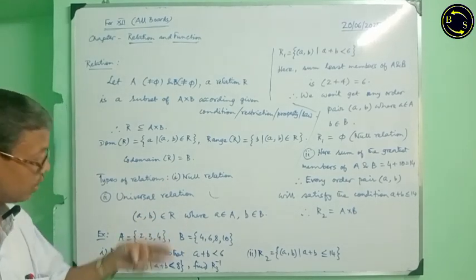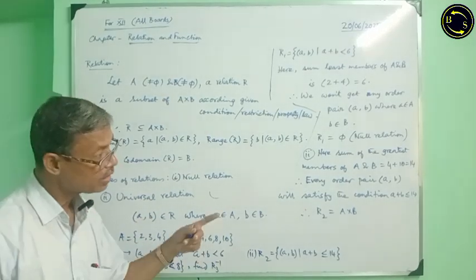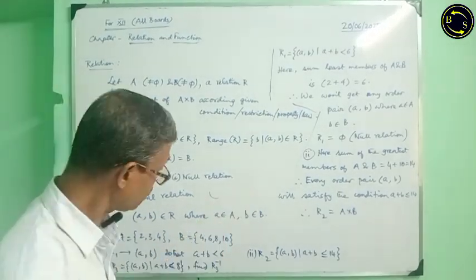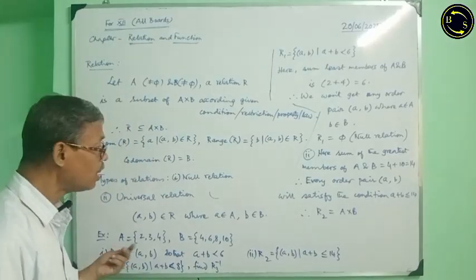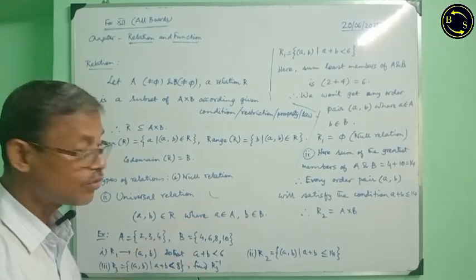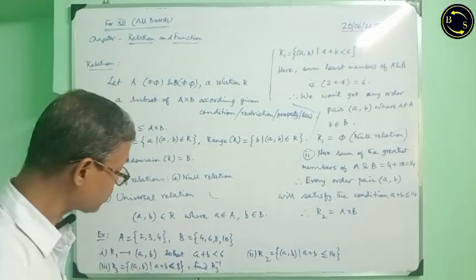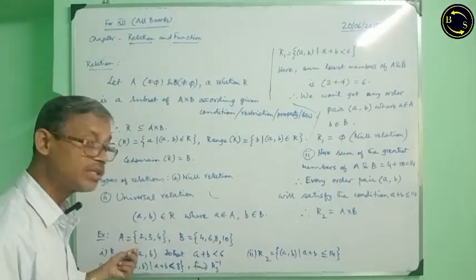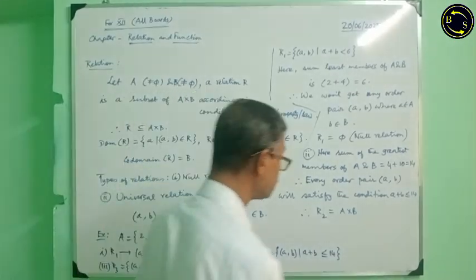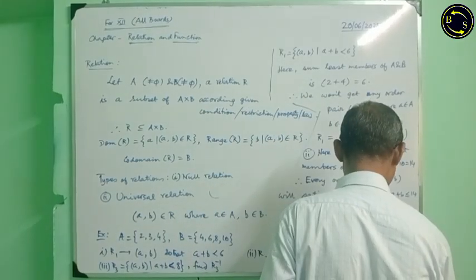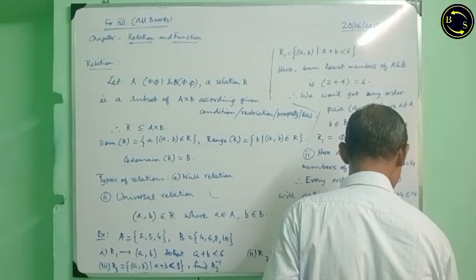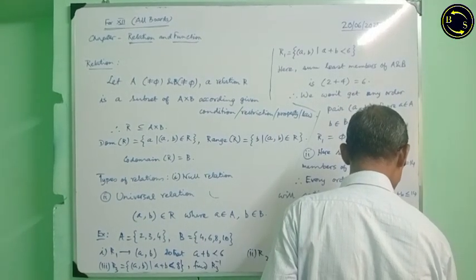Therefore, the sum of other members will be, of course, less than 14. Therefore, relation R2 will be A cross B, the Cartesian product of the given sets A and B. Therefore, this is a universal relation.